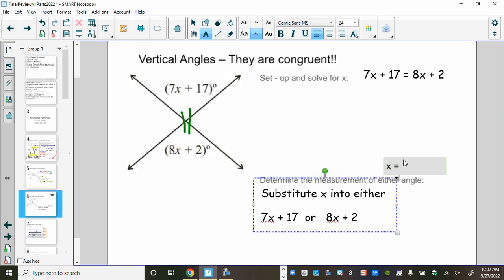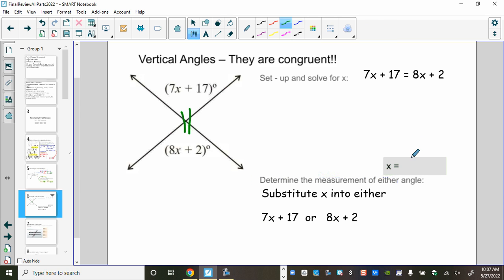That's all right. Hey, at least we caught it. You caught it now, Alex. You're good. But yeah, x is going to be 15 because really, 8x minus 7x, you only have one x left. And then just plug into either one or the other.